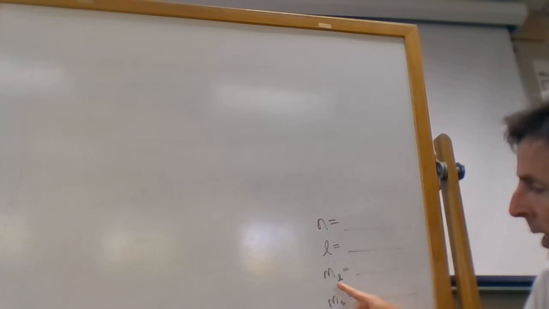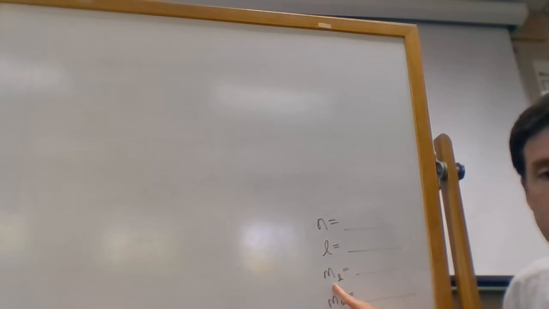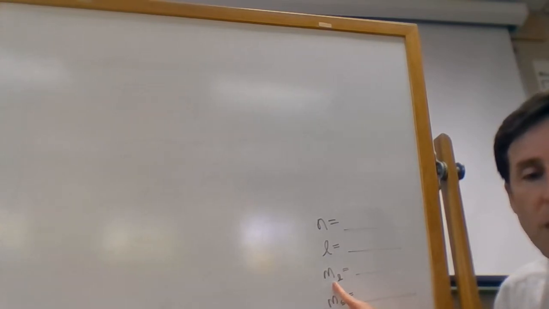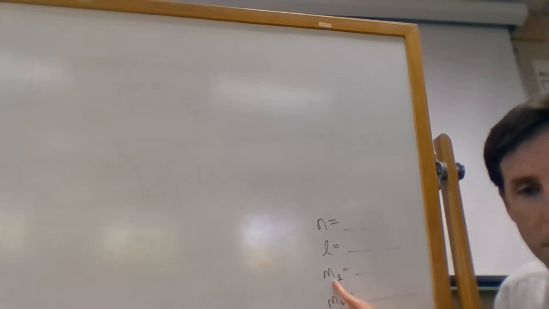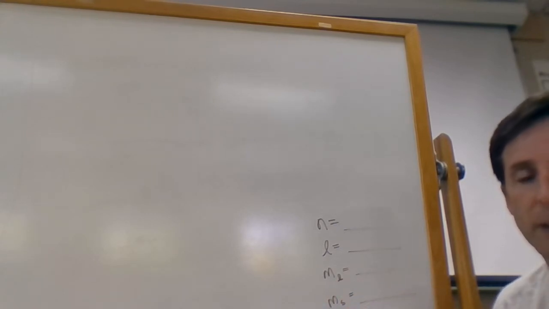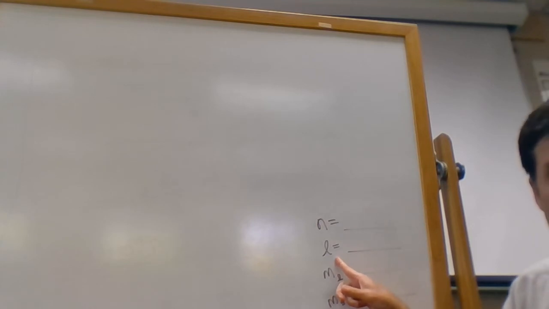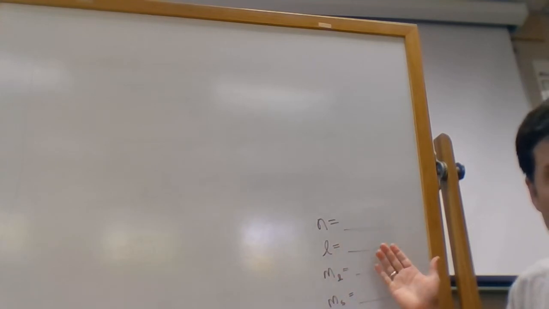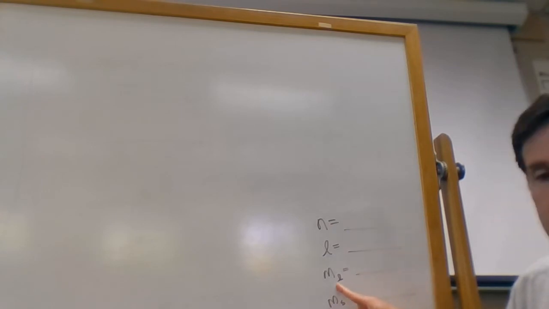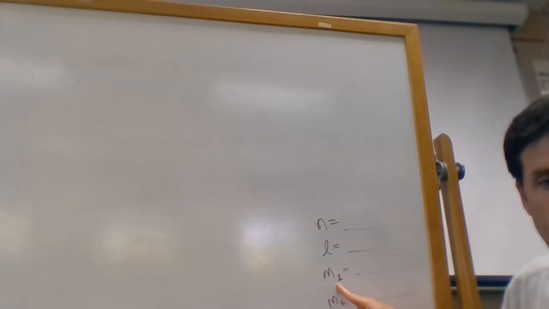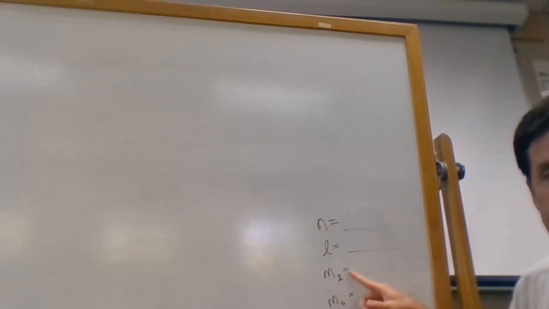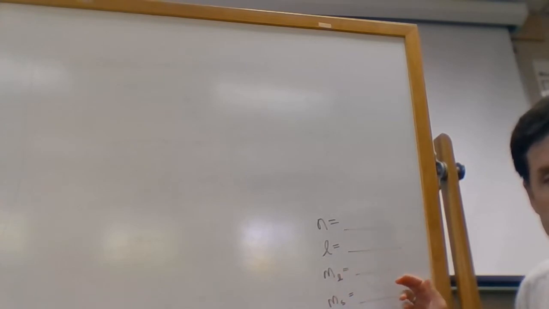Okay? Then m sub L. m sub L is called the magnetic quantum number. It's going to define when I have a set of orbitals. So let's just say if L equals 1, that's going to mean we're in a set of p orbitals. m sub L is going to distinguish the p orbitals from each other. The p orbitals, there's always 3 of them. If there are 3 of them, that means I need 3 separate values for m sub L to distinguish those orbitals from each other.